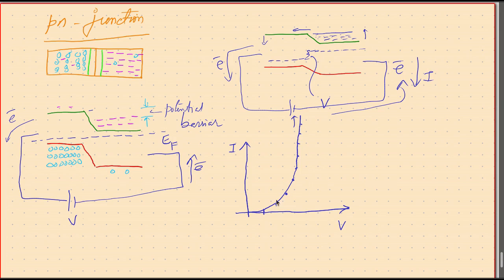And that's how the VI characteristics of a PN junction can be explained.